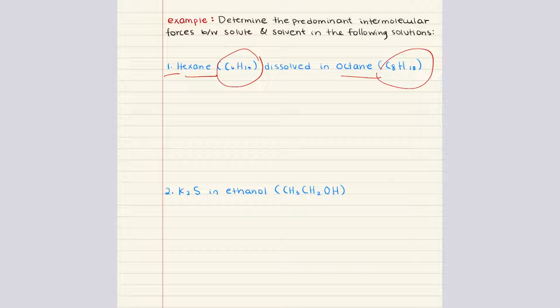Now, both of these molecules are hydrocarbons, just carbons bonded to hydrogens. And that helps us determine that both hexane and octane are nonpolar because all hydrocarbons are nonpolar. Therefore, the only intermolecular attractions present between hexane and octane are going to be London dispersion forces.